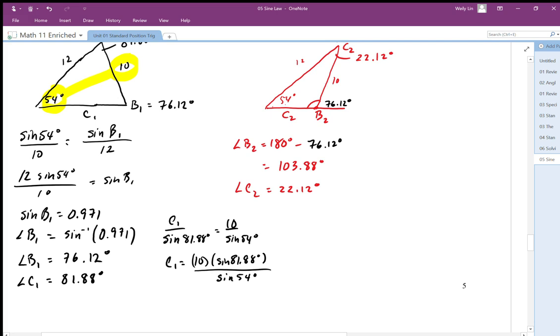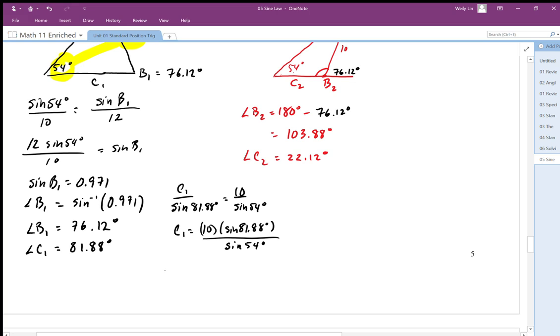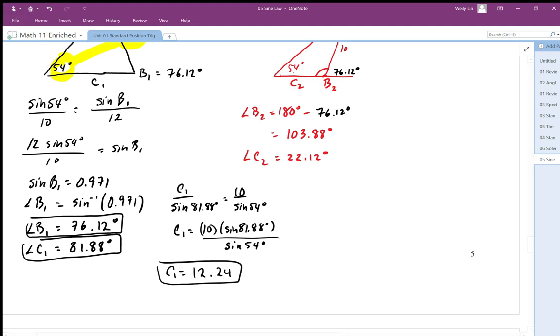The length of C1 is 10 times sine 81.88 divided by sine 54, and I'm getting 12.24 approximately. Again, depending on your rounding, you may be a little bit off, but that's okay. So there's my side, there's my angle, and there's my two angles that I solved for, and my third side that I solved for.